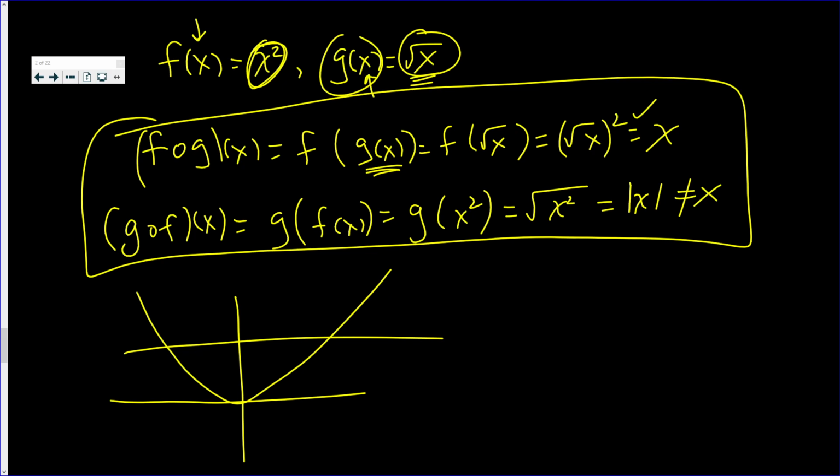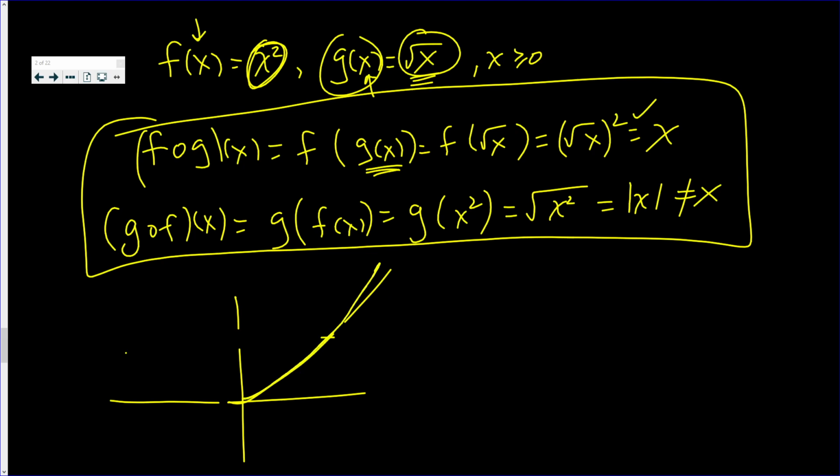Now, if I had said that x is at least 0, that removes this half of the graph, and then it does pass the horizontal line test, where x is only positive.